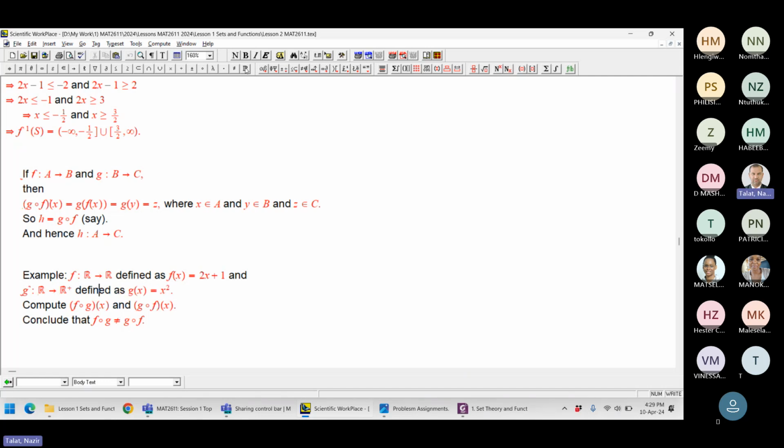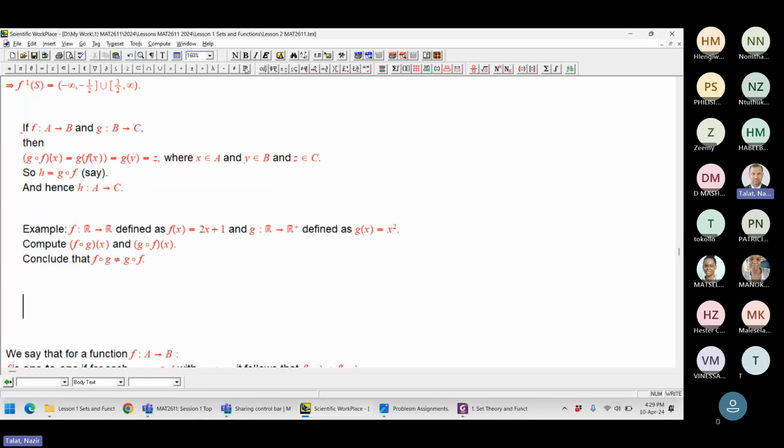So now that we have the two functions, we can compute f o g of x and g o f of x, and we can show that both values are unequal in this case. The composition is simple for this.